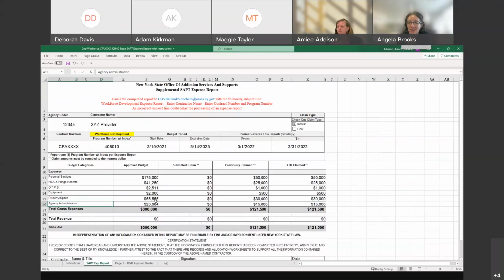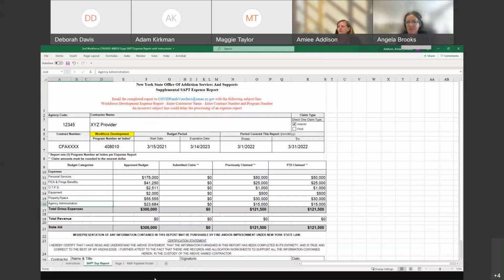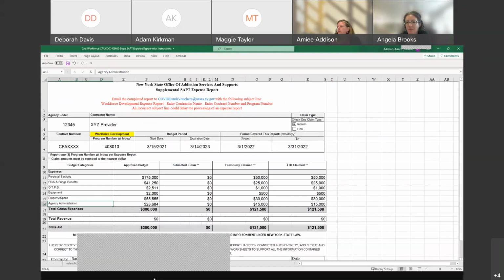All right, the next question is, is the completed expense report to be submitted as a PDF file only or Excel? Excel makes it easier for us, depending upon which form you're completing.